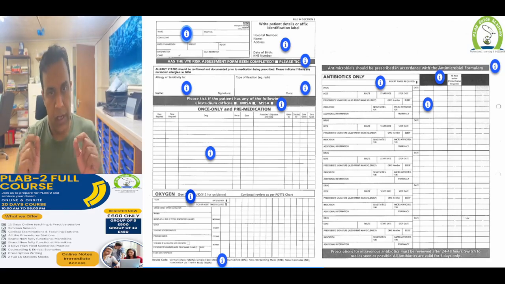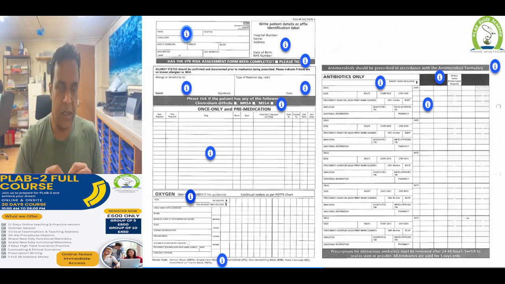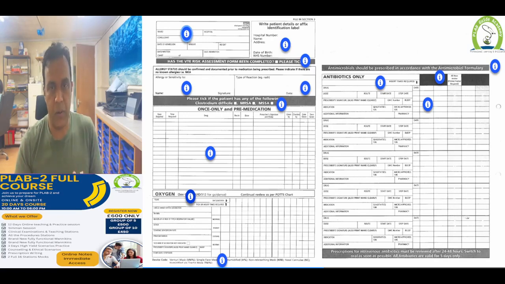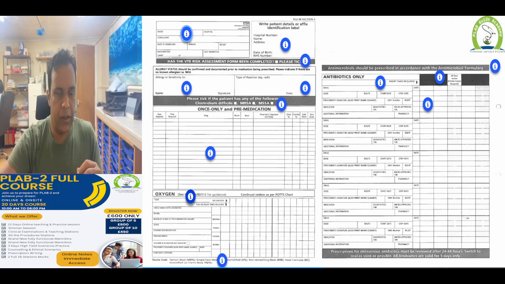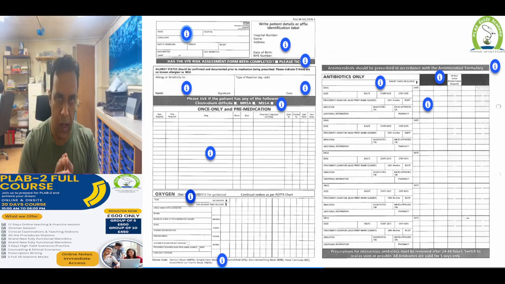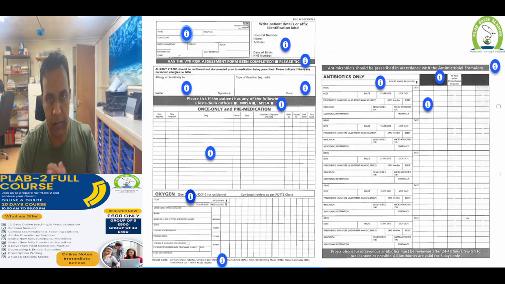Make sure that you write in clear words, and I prefer to write in capitals all the medications to avoid any confusion, to avoid any misunderstanding. And write your name, your bleep number, and the date and the time when you want the patient to have it. Then at the bottom you see the bottom box is for the oxygen. It is important for those patients who have the respiratory problems, who have respiratory distress, so you prescribe them oxygen.